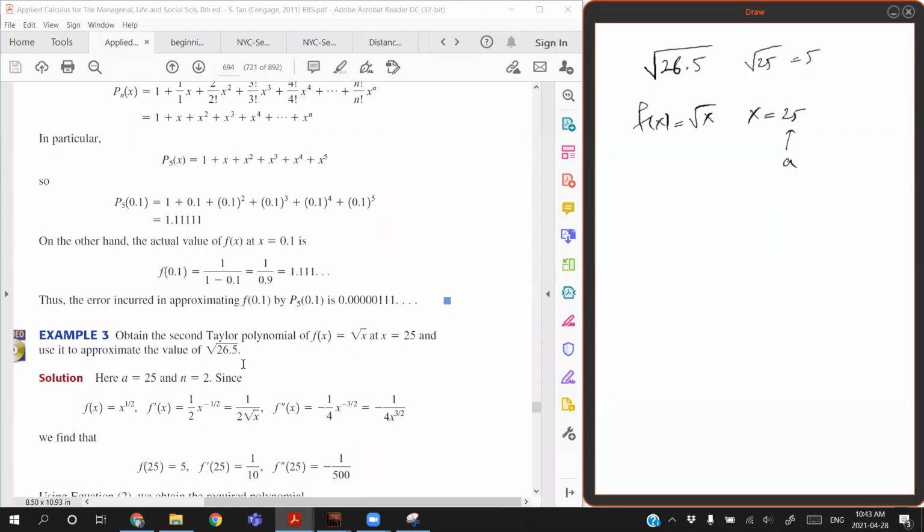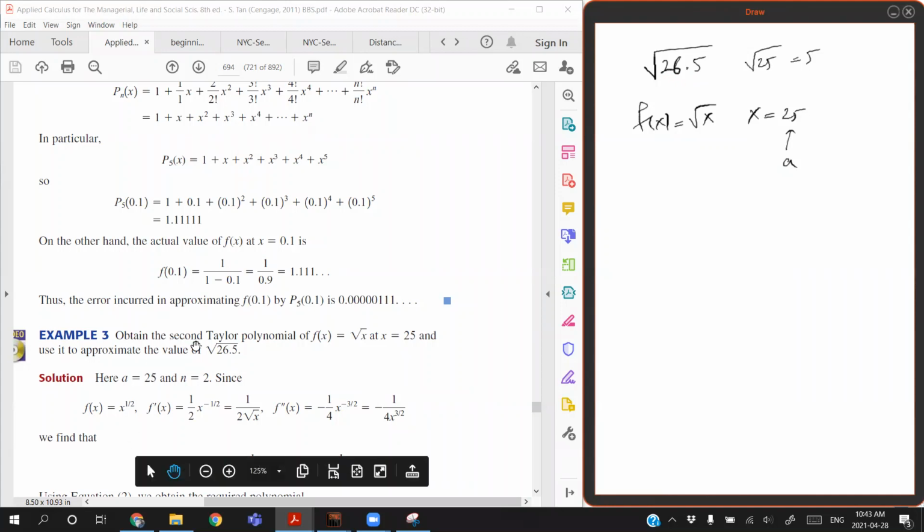If we expand the Taylor polynomial centered at 25, then that's going to be the closest perfect square to 26.5, the number that we're trying to approximate.